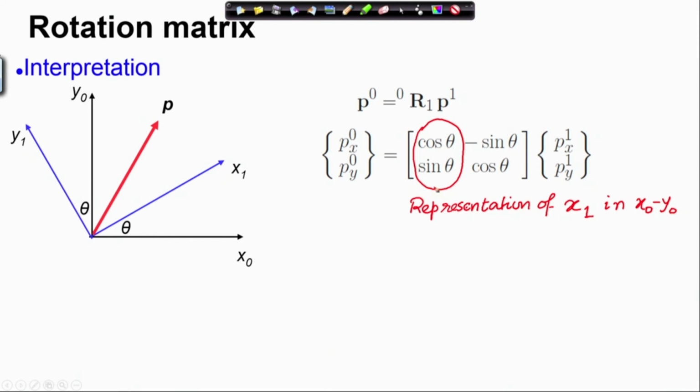Column 1 is the unit vector along x 1 being represented in x 0 y 0. So, this unit vector being represented in x 0 y 0 is nothing but the first column of the rotation matrix.